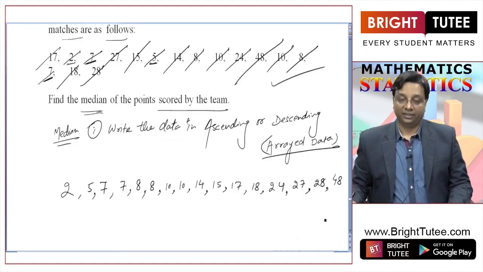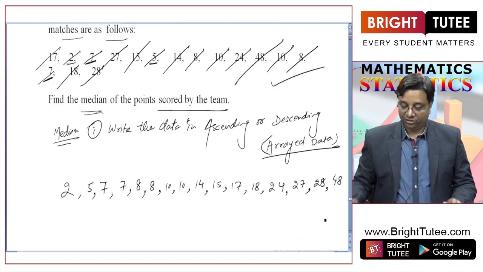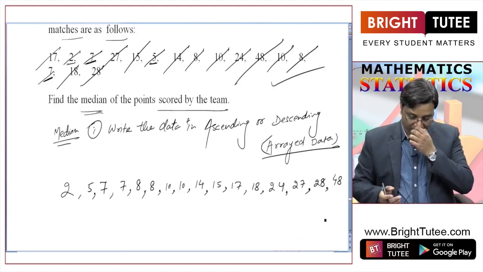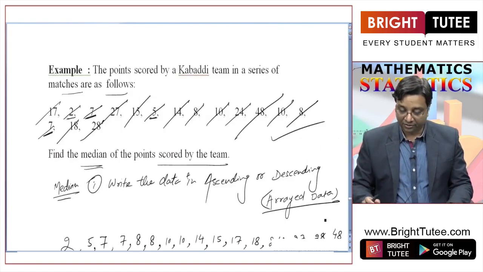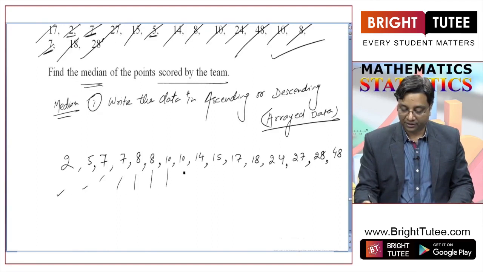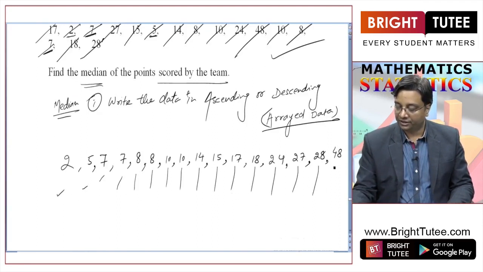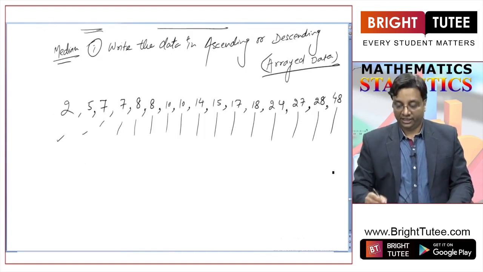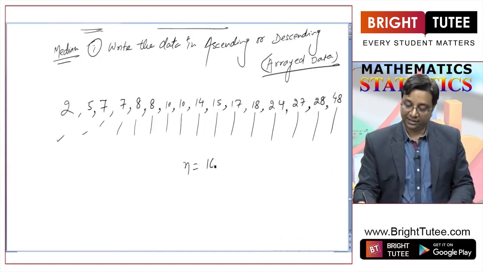Now it is very easy to find the median. One way is to look for the middle term here. So first of all, let's see what are the number of observations. 1, 2, 3, 4, 5, 6, 7, 8, 9, 10, 11, 12, 13, 14, 15, 16. So we have got even number of observations. So n is 16 here.